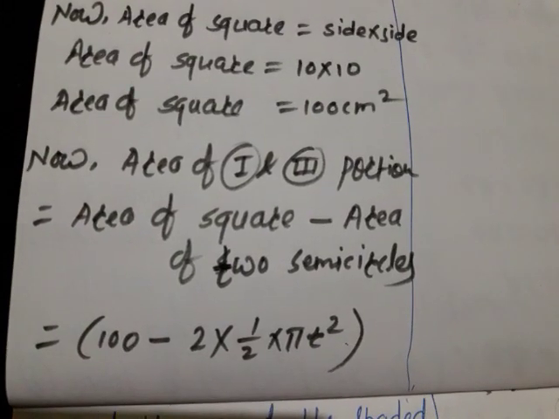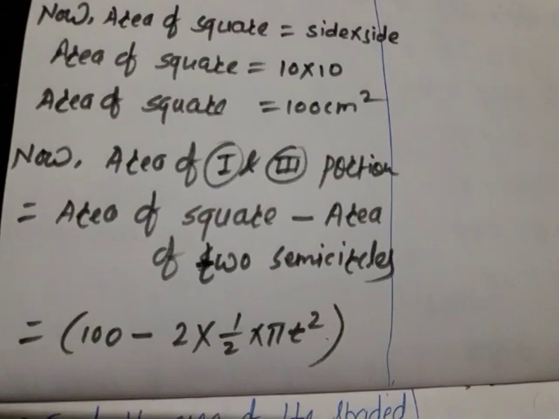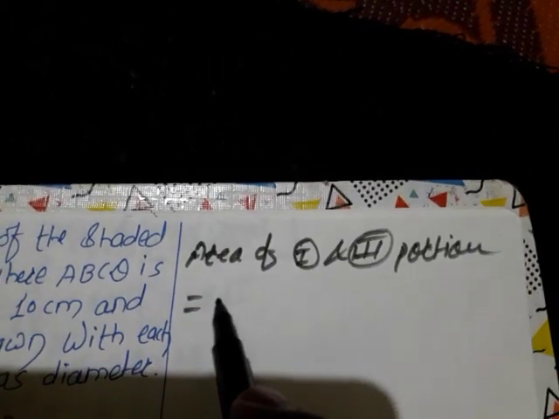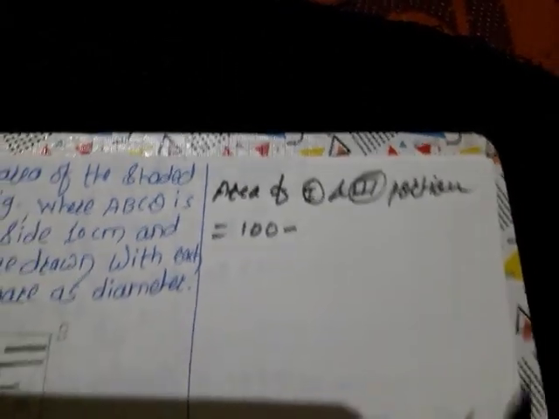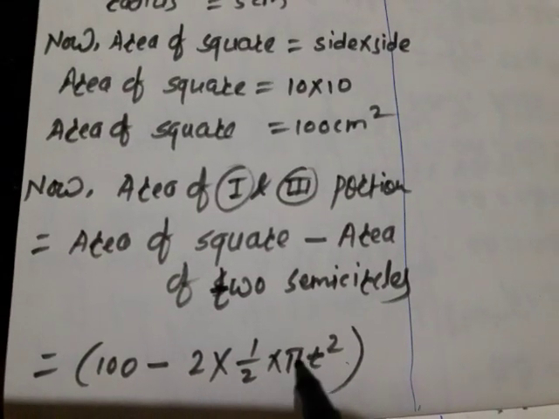Then now we will find out this area. I will start. Look here, area of first and third portion is equal to 100 minus, here this 2 will get cancelled, then pi r square will remain only.